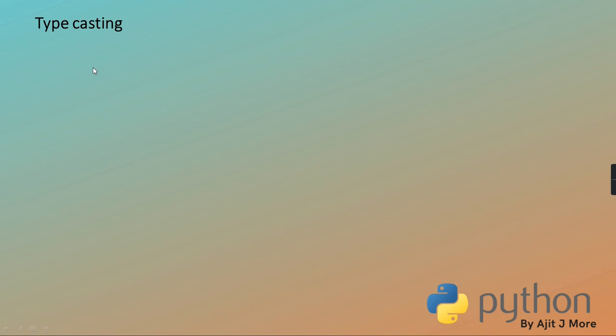I'll tell you the situation. But when the interpreter is unable to do it, then obviously the programmer has to do it. That is called explicit casting. And for explicit casting, they have given some casting functions. What are those casting functions? That we have to discuss now.